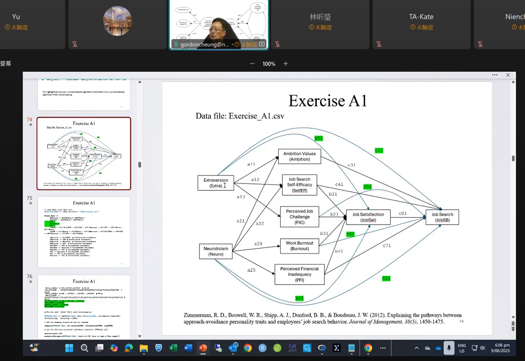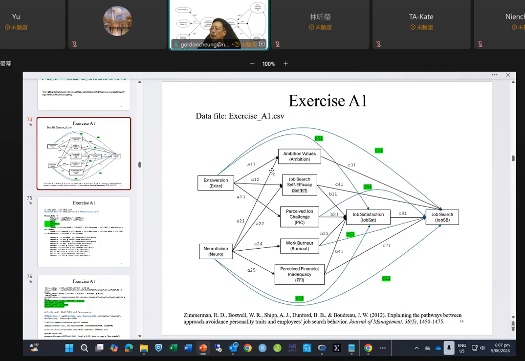For example, from extroversion going through job search self-efficacy to job satisfaction to job search, we have A12 times B11 times C1. So the more paths that you go through, you just multiply all the path coefficients. I also add the direct effect here. You can notice that I add the direct effect here.